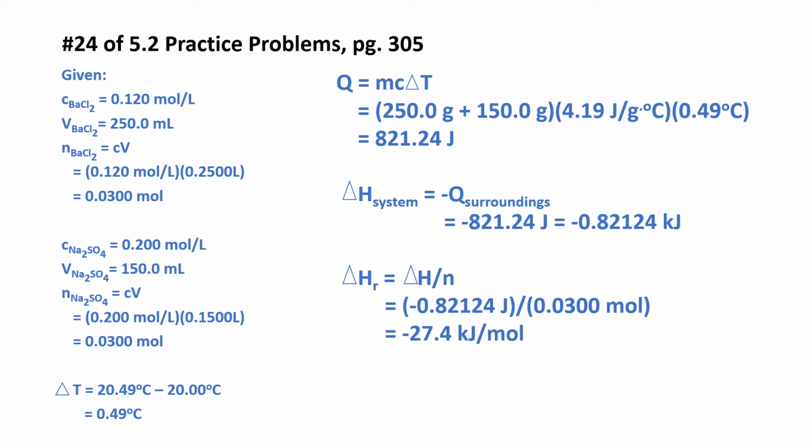Now, we will go on to another example question, and that is number 27. The reason I chose this one is because it works backwards from what we have been doing so far. Number 27 in the textbook reads: the enthalpy of solution for sodium hydroxide is given as negative 55 kilojoules per mole.